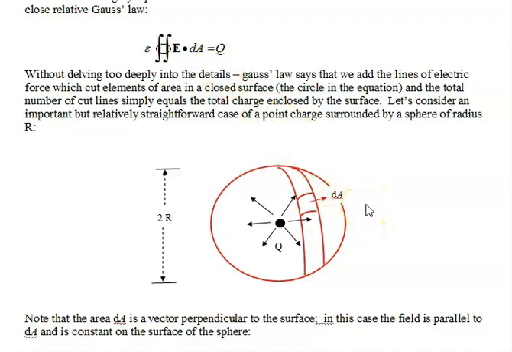Okay, well, let's do it. The element of area dA is perpendicular to the surface. It's a vector. In this case, it points out. This rather intimidating dot here in the middle means it's the dot product. If the electric field and the area are perpendicular, the dot product is 0. If they are parallel, the dot product is 1. It's simply the product.